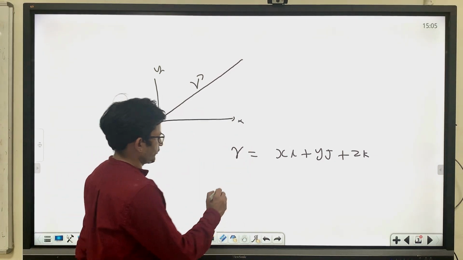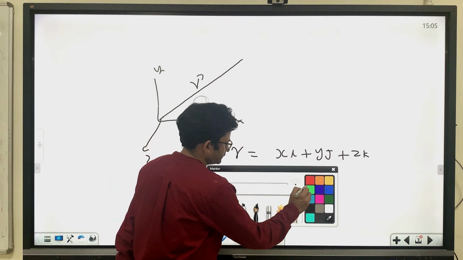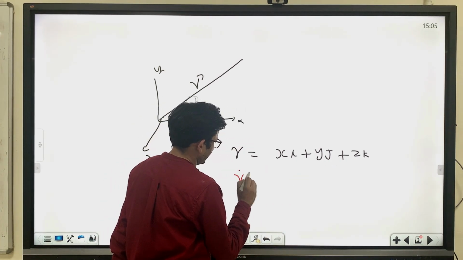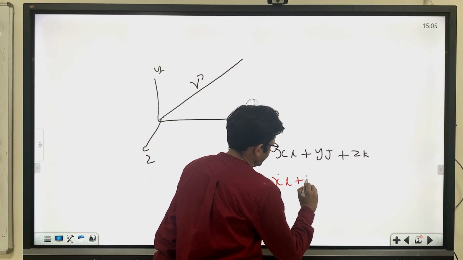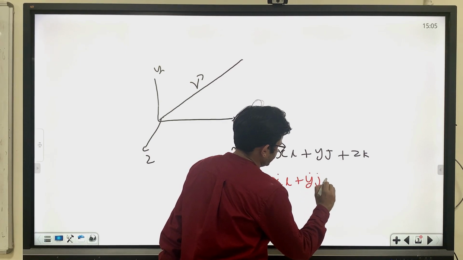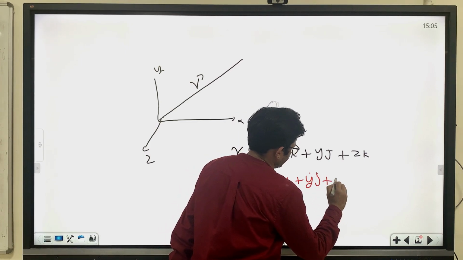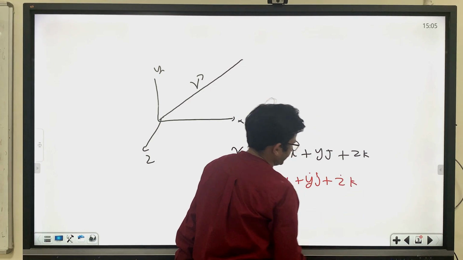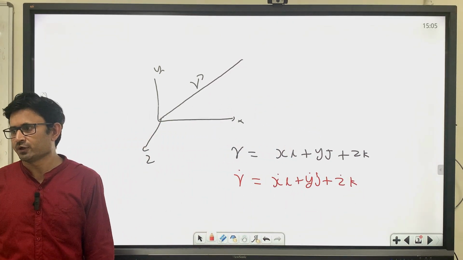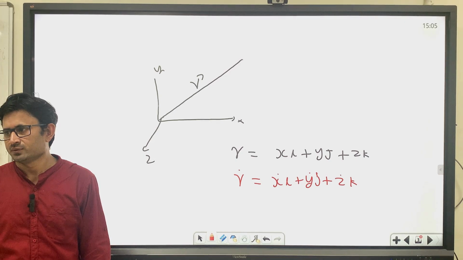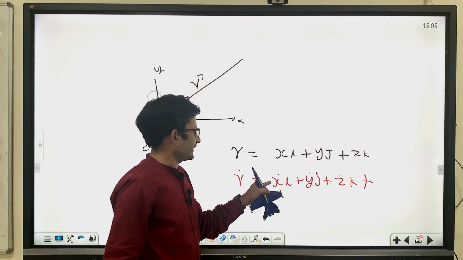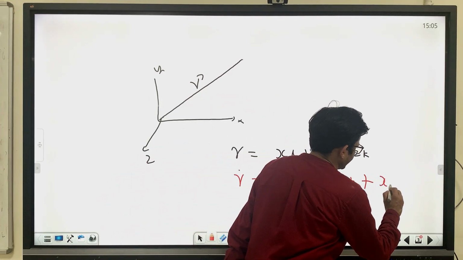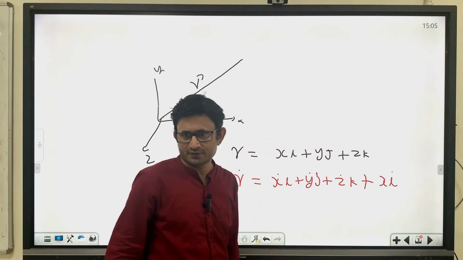Now you take the derivative, r dot. You will write x dot i, y dot j, z dot k, and according to the derivative rule, you have to take x constant and take the derivative of i, right?